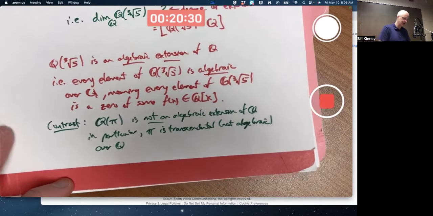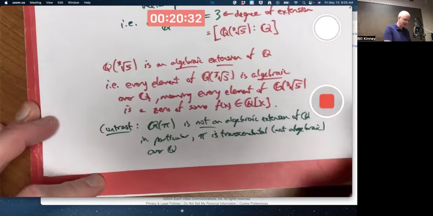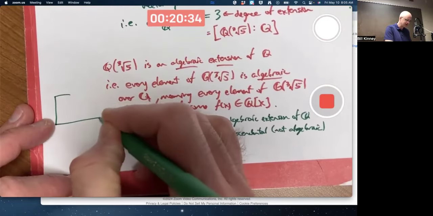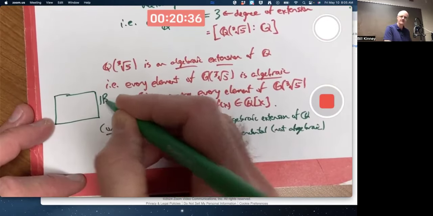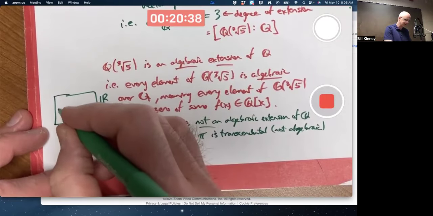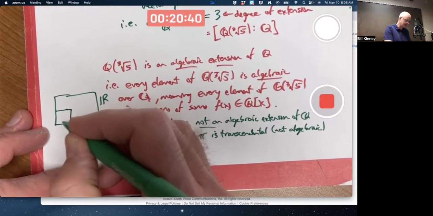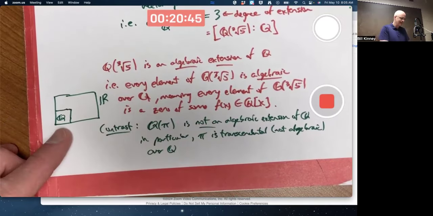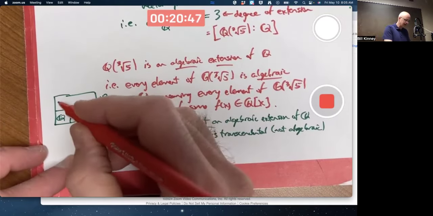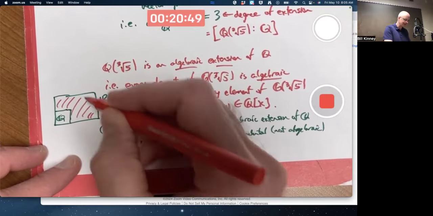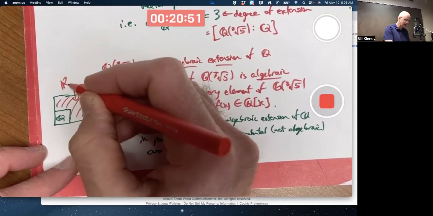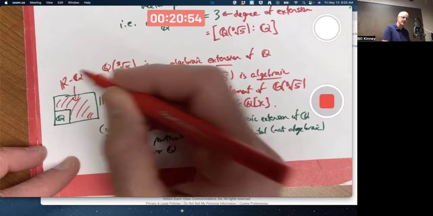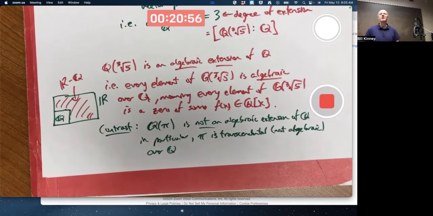You could kind of picture it this way. Imagine this box representing the real numbers, and you've got a sub box of it, a subset of it representing the rational numbers. Everything over here in this shape is irrational. That set is the reals, take away the rationals. That's the irrational numbers. There are some irrational numbers that are algebraic and some that are not.